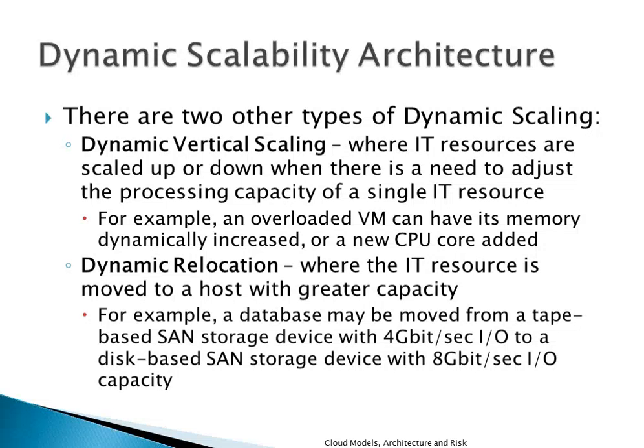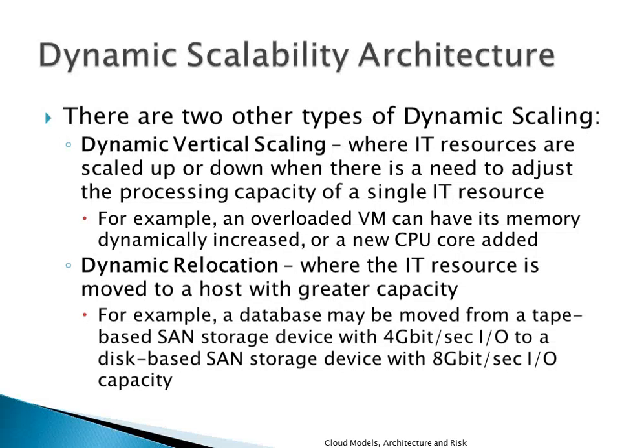The other type, though, is dynamic relocation, and this is where we literally move the resource to a host with greater capacity. For example, you might have a database running on a tape-based SAN storage device with a 4 gigabit a second I/O, right? And it's being hammered because it's not able to handle the I/O, so it needs greater I/O capability.